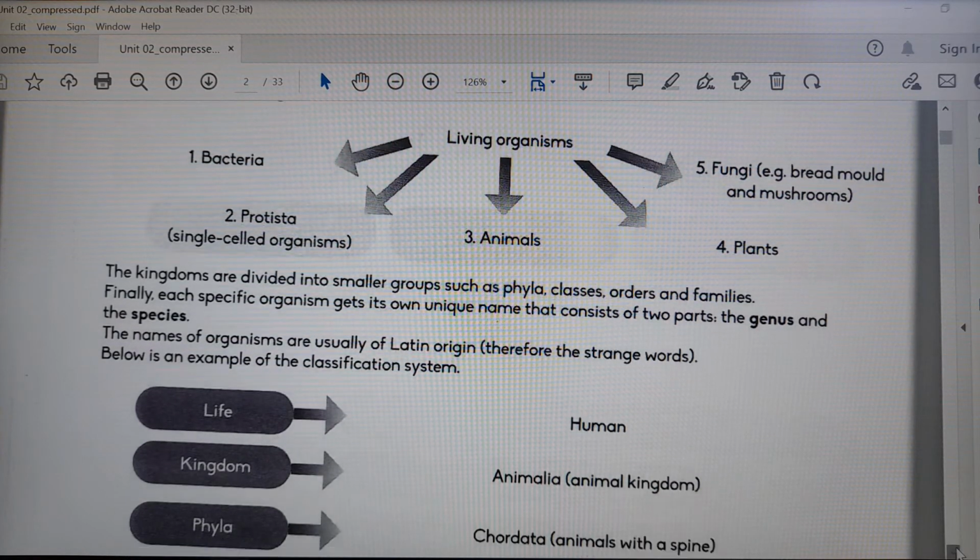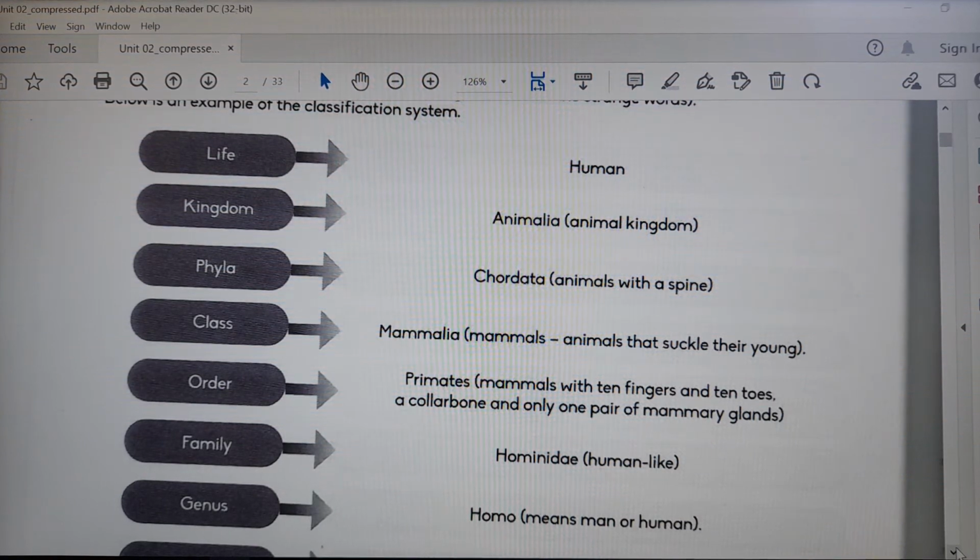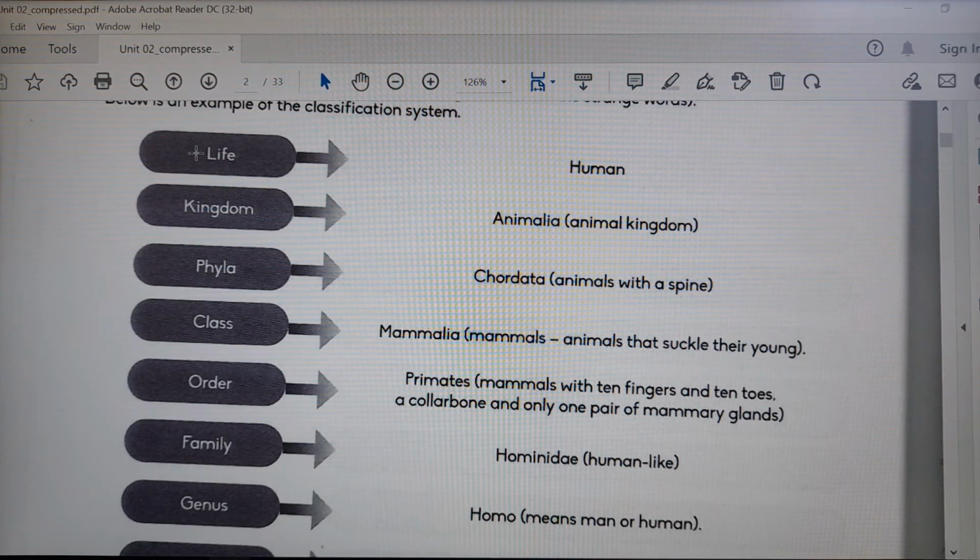Okay, so let's check the example of classification. We have life, which represents human, and the kingdom, it's the animal kingdom. And the phylum, they say it's Chordata, animals with a spine.